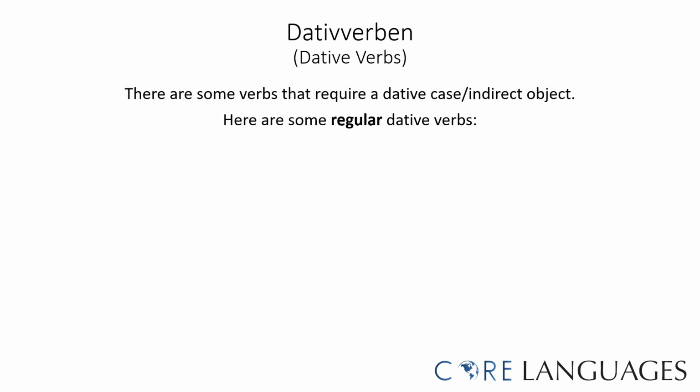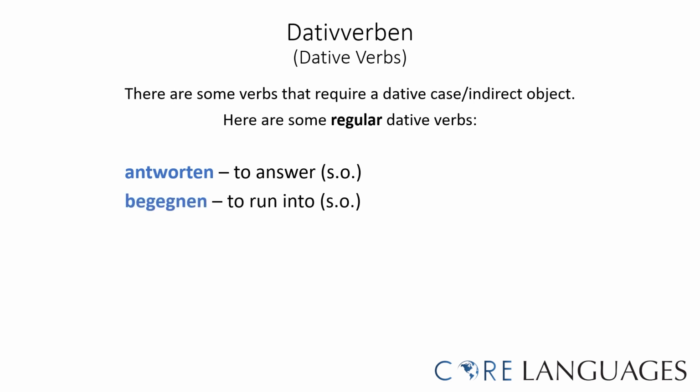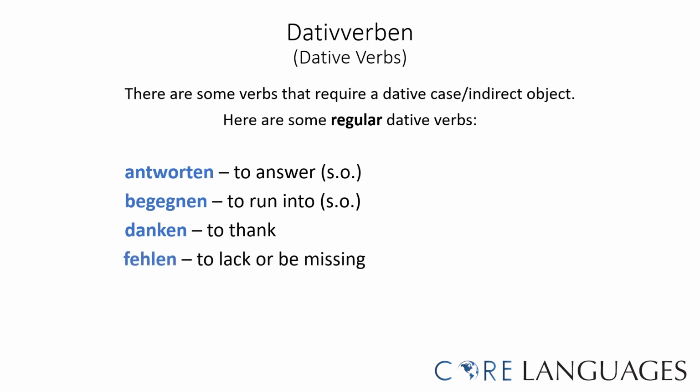There are some verbs in German that require the dative case or the case of the indirect object. Here are some examples of regular dative verbs, and notice how the English translation often goes with someone. For example, antworten, to answer someone. Begegnen, to run into someone or to encounter someone. Danken, to thank someone.